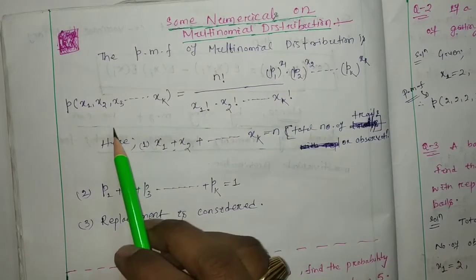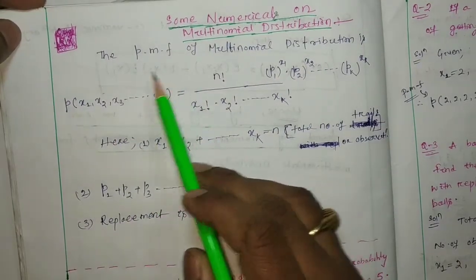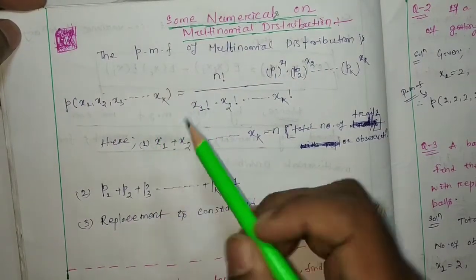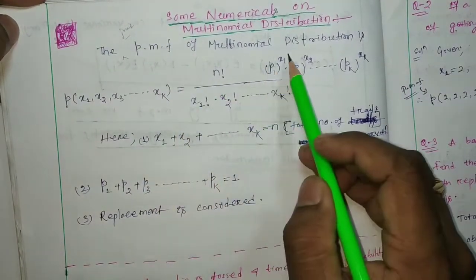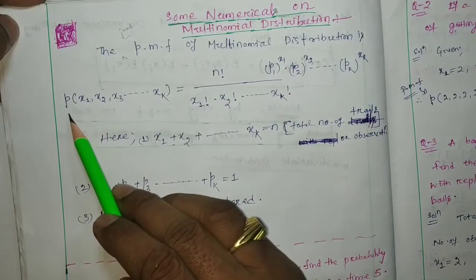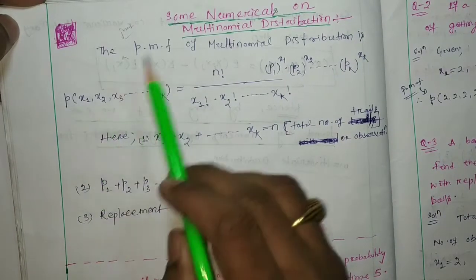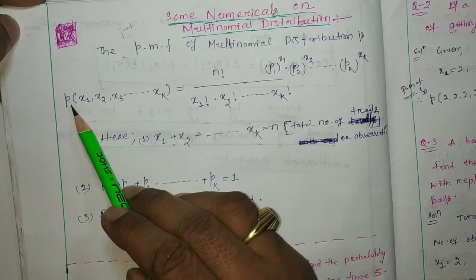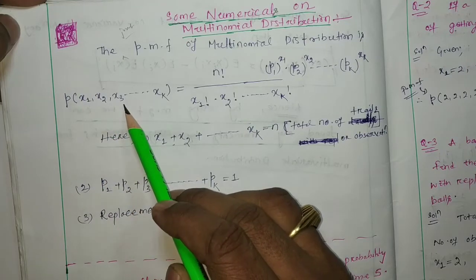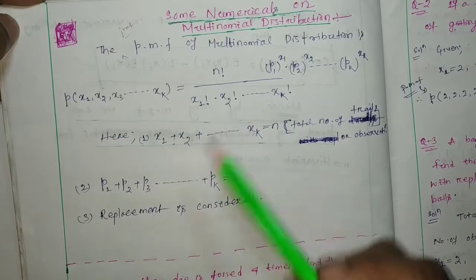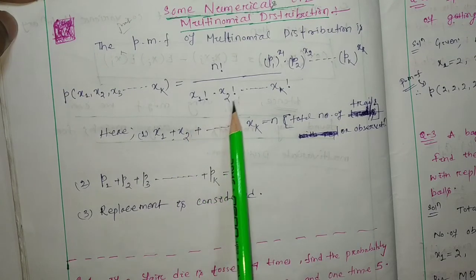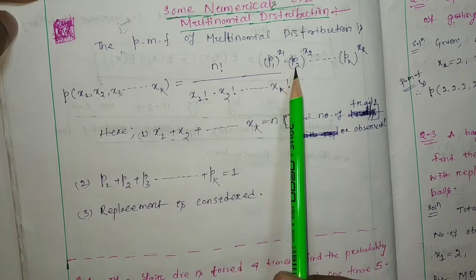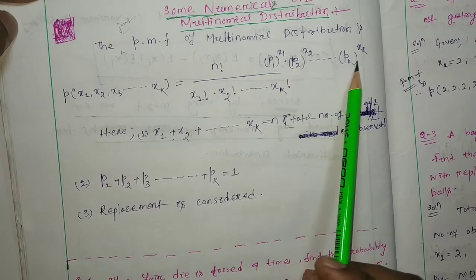Before that, here I have written the general joint PMF of multinomial distribution: p of x1, x2, x3 up to xk equal to n factorial by x1 factorial, x2 factorial up to xk factorial, p1 to the power x1 into p2 to the power x2 up to pk to the power xk.